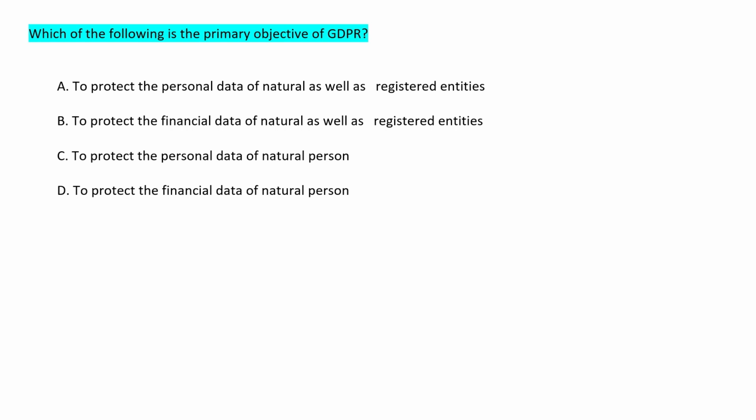Next question. Which of the following is the primary objective of GDPR? Correct answer is option C. To protect the personal data of natural persons.